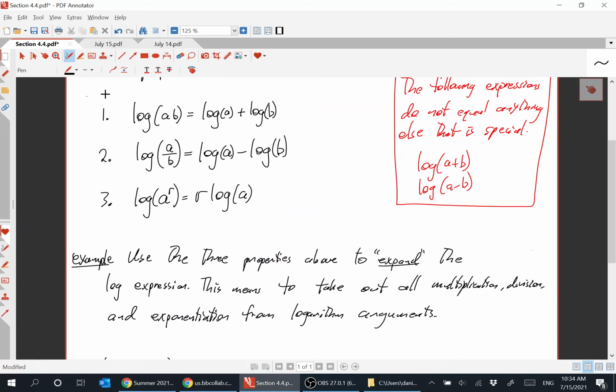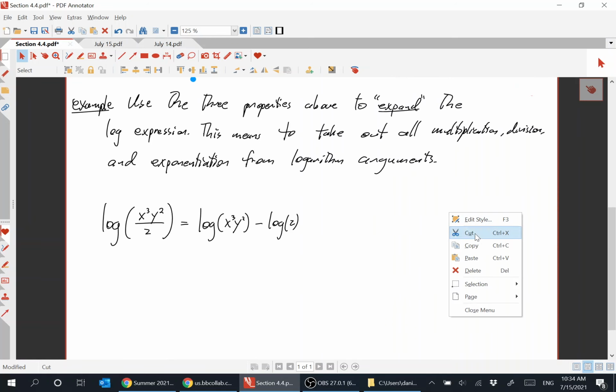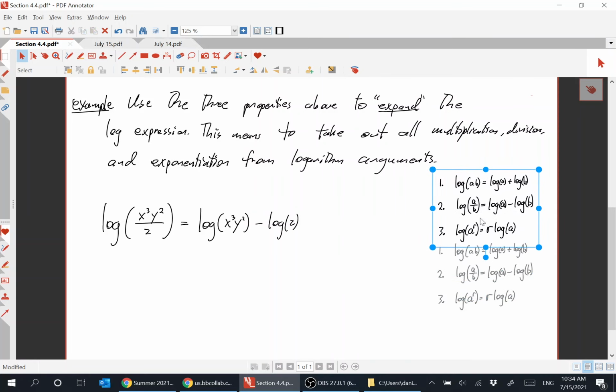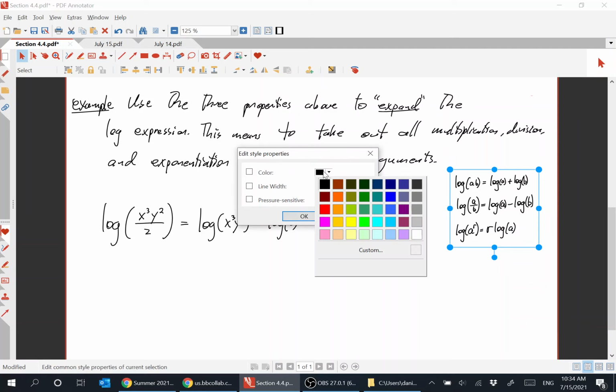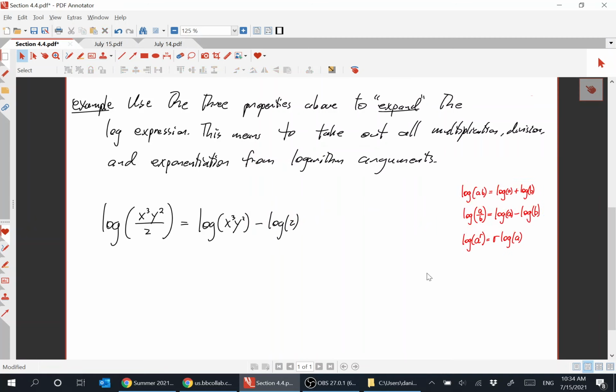So let me copy these and put them next to us down here so I can remember them. Okay, so using log a over b is log a minus log b. Here we have log x to the third y squared minus log z is equal to log x to the third y squared divided by z.